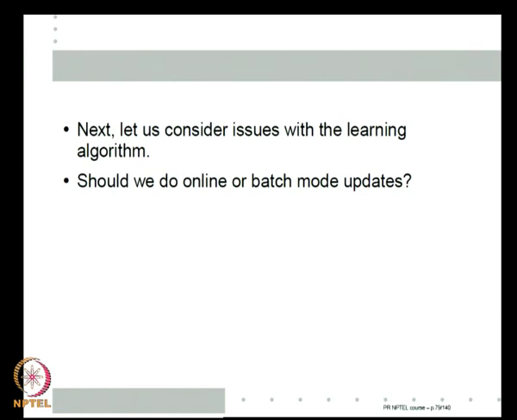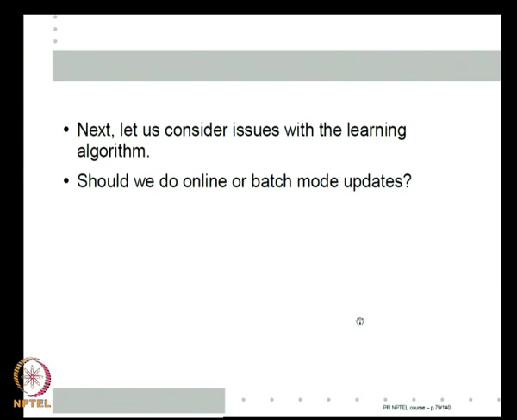In the batch mode update, I keep the weights all fixed, apply inputs one by one at the input end of the network, calculate the outputs, errors, and through backpropagation all the partial derivatives, and then do one gradient descent step, one update of the weights.